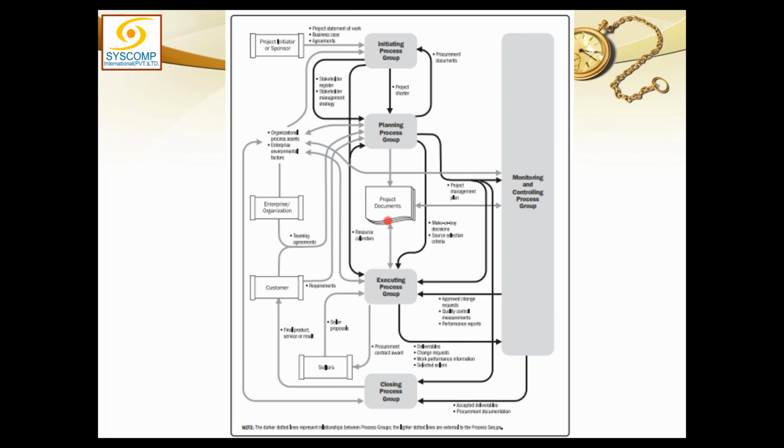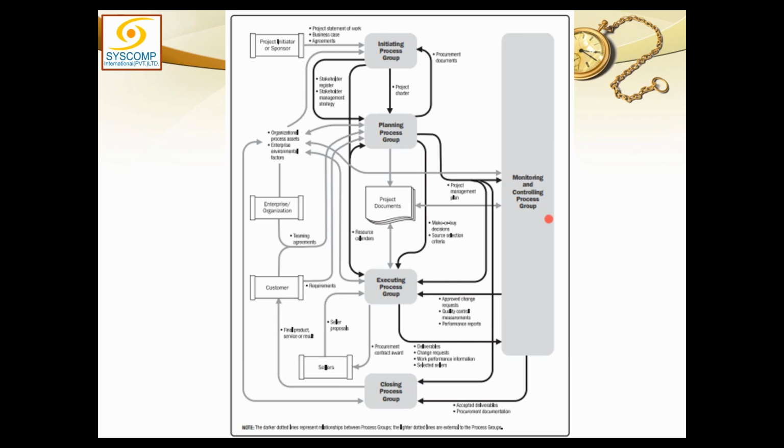This is the project documents, which I was saying is the document archive. When from planning we create either the project management plan or the project documents, all the project documents are placed here, and the project management plan goes to execution, to monitoring and control, and to closing. To execution, because the project management plan has to be executed there.